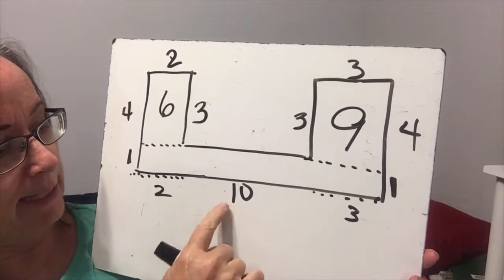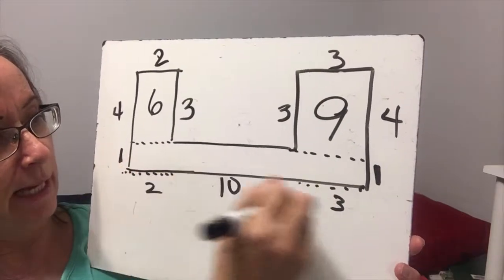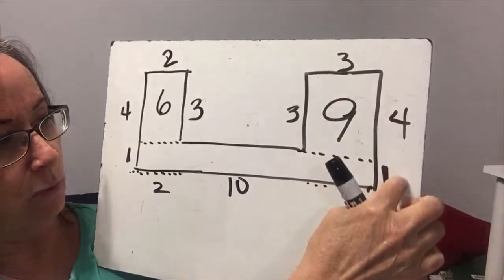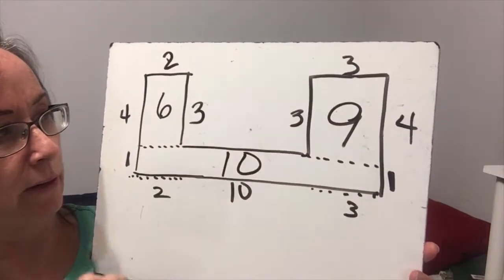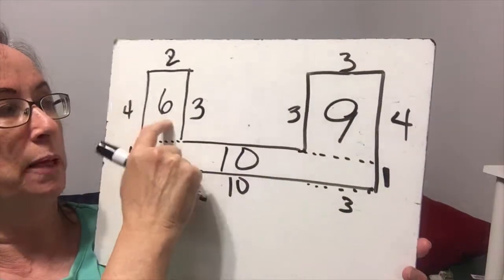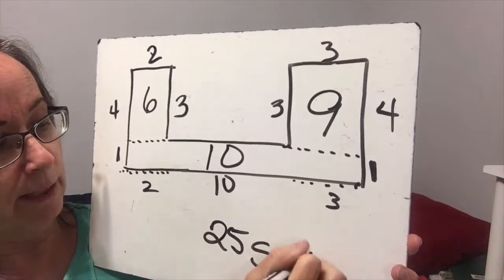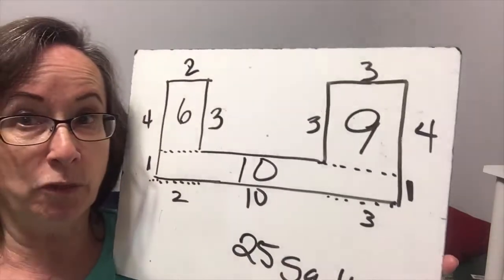And then we had 10 as the whole distance here. So we're going to have 10 times 1, or 10 square units. So 10 plus 9 is 19, plus 6, 25 square units. So we did it one way.